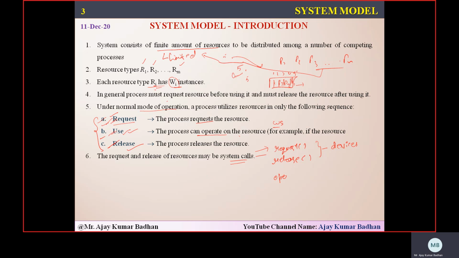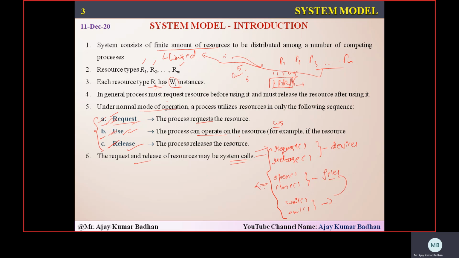Like open and close, which we use for opening a file and closing a file, right? In the same way we have wait and exit. Releasing and requesting of resources are done basically using system calls. So these are some of the system calls.